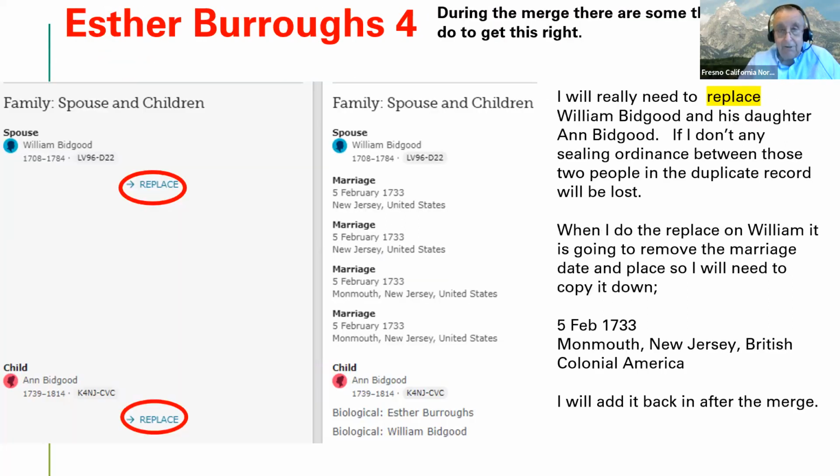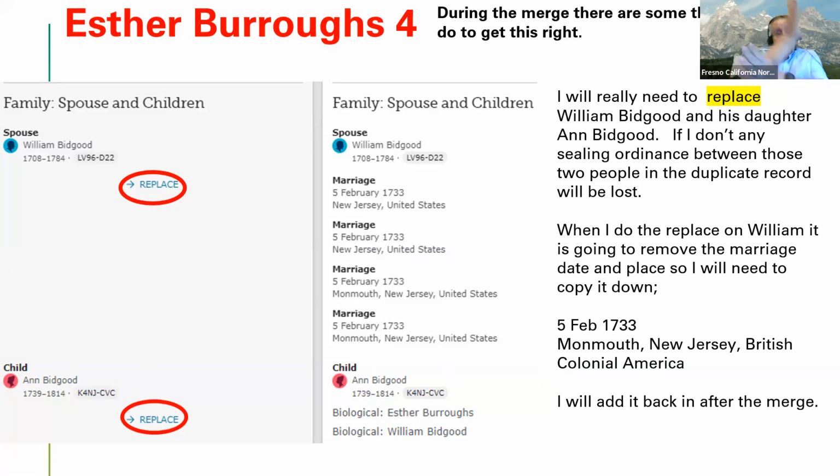Okay, and in this case, the one thing I did forget to mention, when I bring him over, it's going to wipe out the marriage records that are here. And that's just one of those unfortunate things with FamilySearch. It just does that, and they've never figured out how to fix it. So when I know I'm bringing over a husband and I can see marriage records on the right side and no marriage record on the left, I copy this down and then copy it back into their marriage information so they don't lose it.